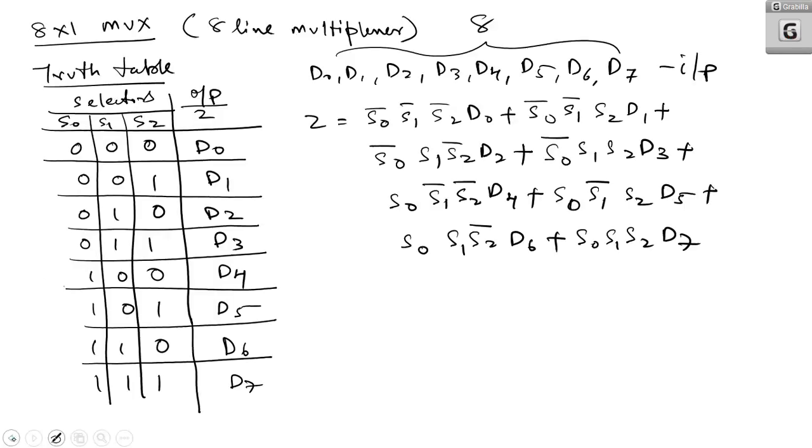So how to draw it? One second. We are having D0, D1, D2, D3, D4, D5, D6 and D7. Now what I try to do is, we have the selector switches first. So S1 is there, we'll draw it in this way.